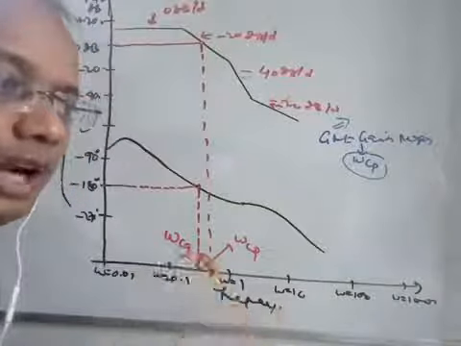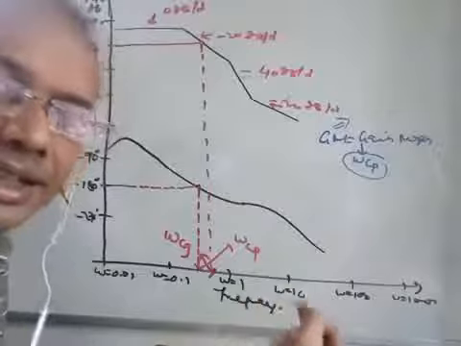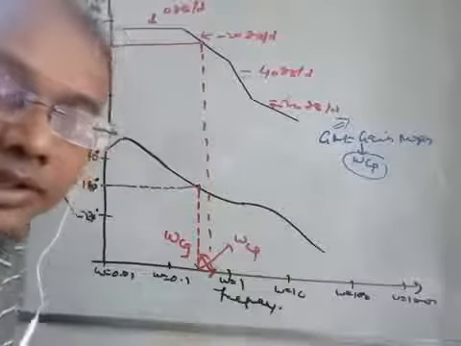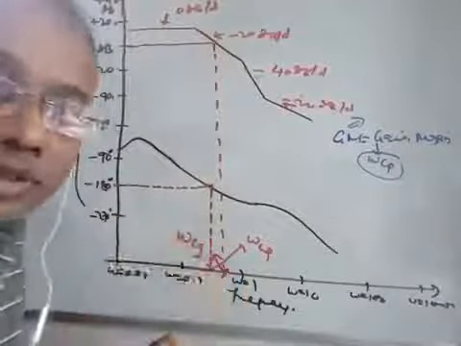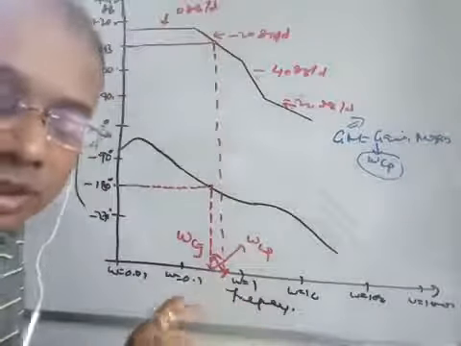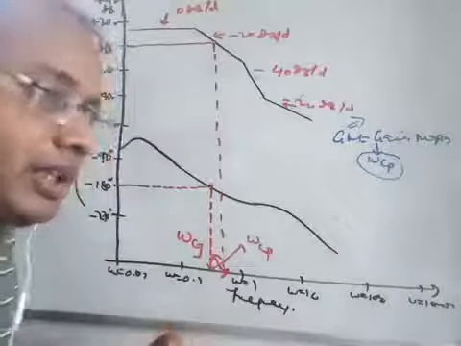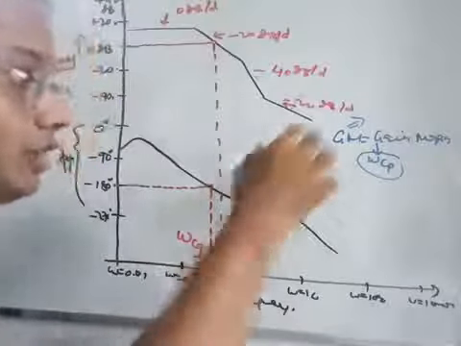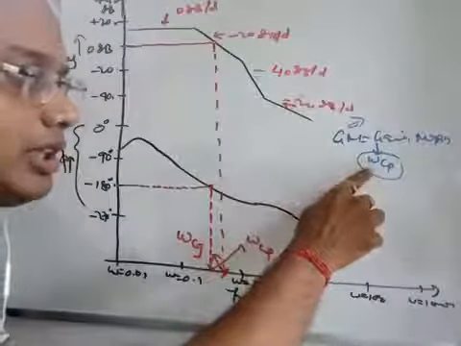If you add 5.1 dB, slightly above this 5 dB, then the system will be unstable. So that is the marginal value of the gain which is actually required to make the system unstable. Okay, so that is the gain margin, and for gain margin you have to find the phase crossover frequency.